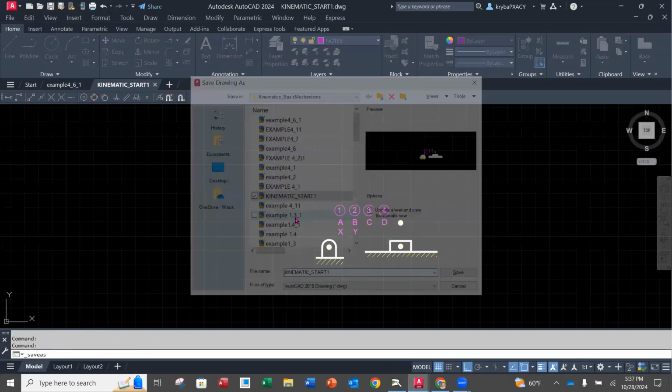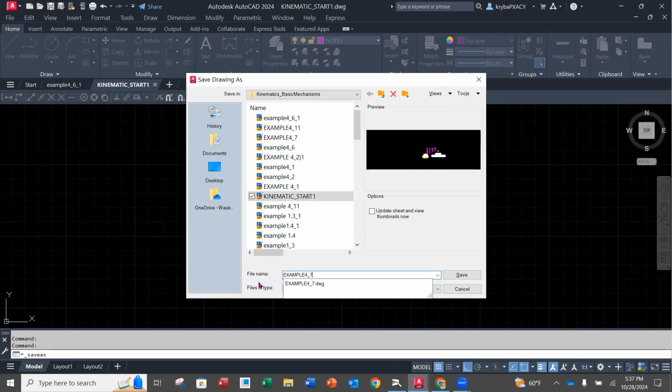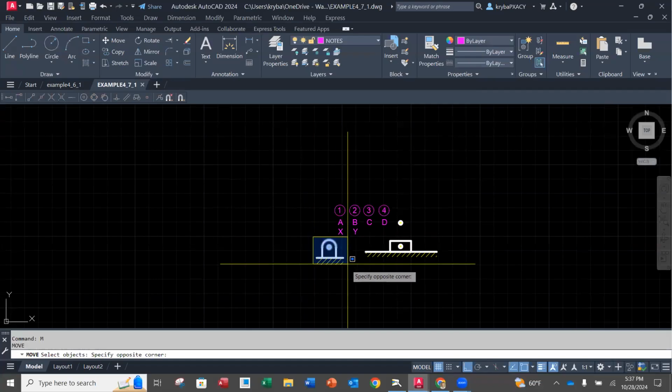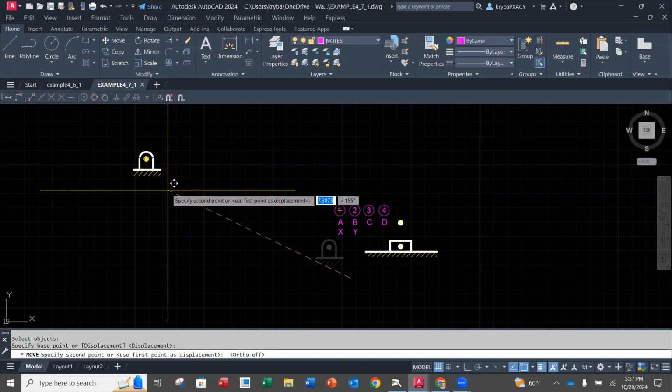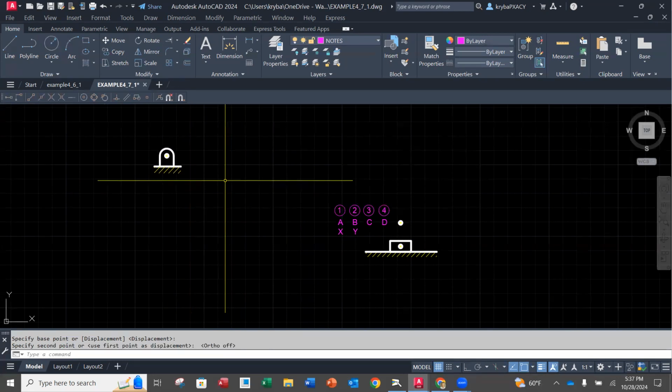Let's save as example 4_7. Okay. So I'm going to move this over here.